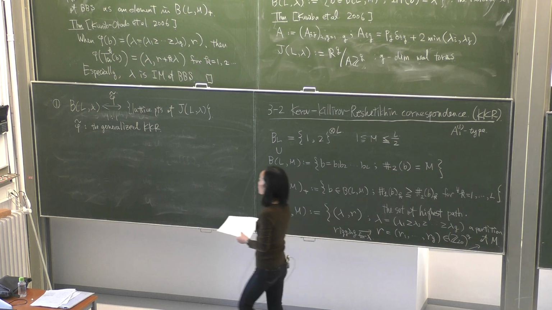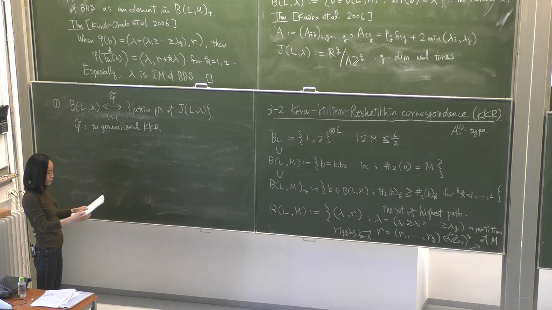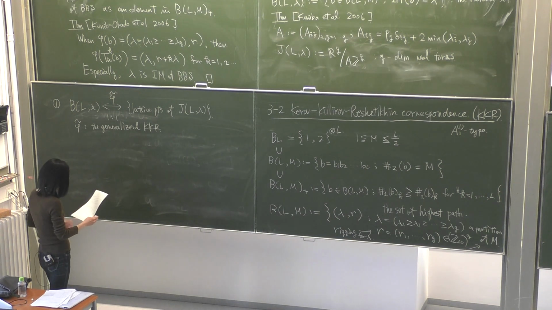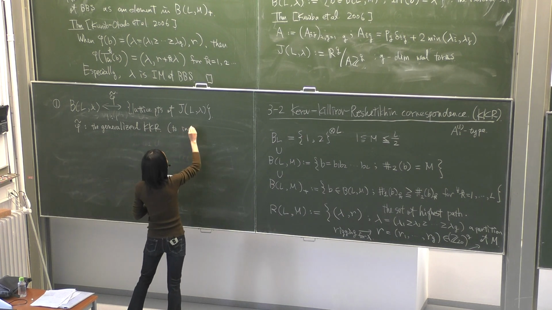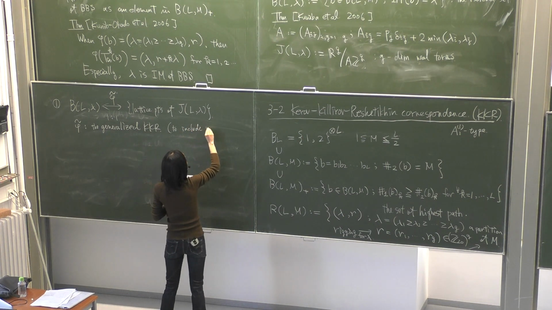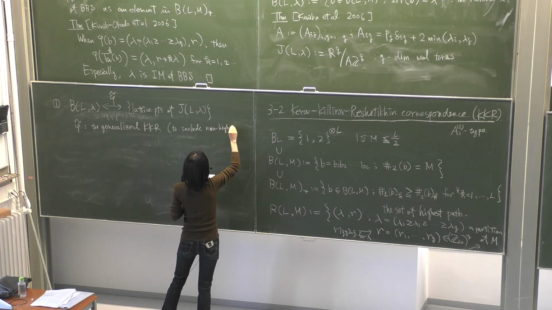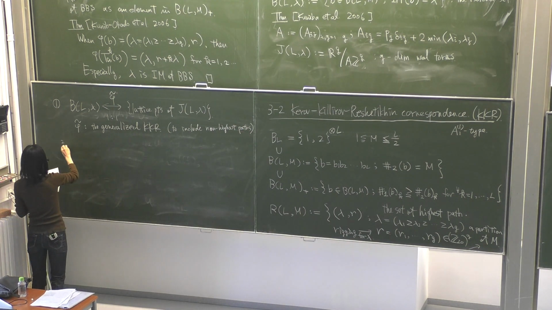So this KKR is generalized to include such a thing by introducing a shift operator on the periodic lattice, to include non-highest paths. Then we have this one-to-one correspondence.